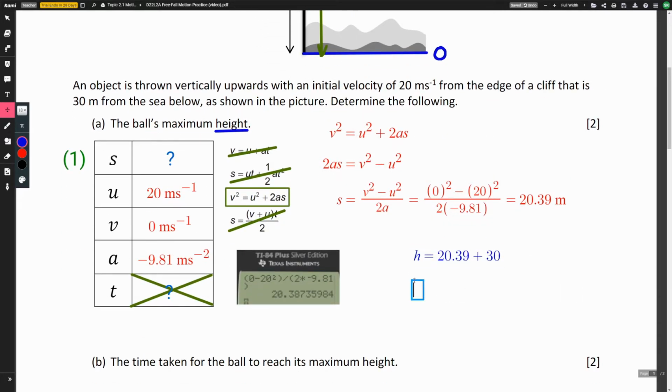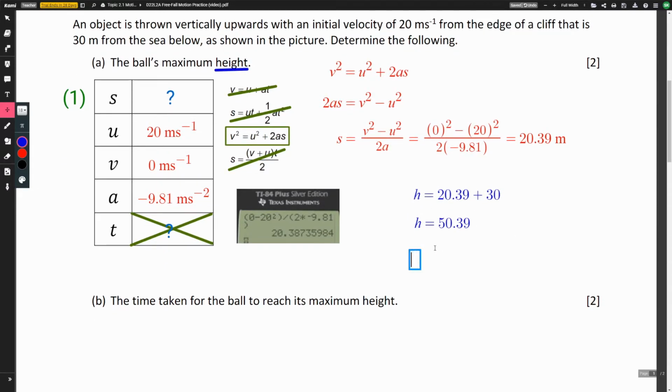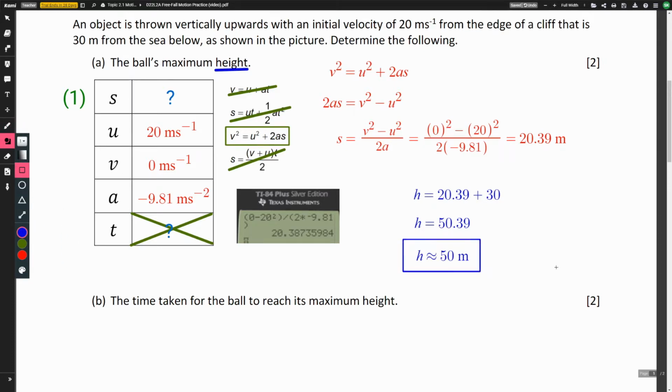And so this will give us our height of 50.39, which we can round off and say to 2 significant figures, it's approximately 50 meters. And that's how we'll report the maximum height of this object, is we'll say that it's 50 meters above the water.